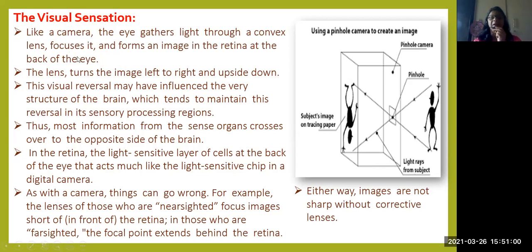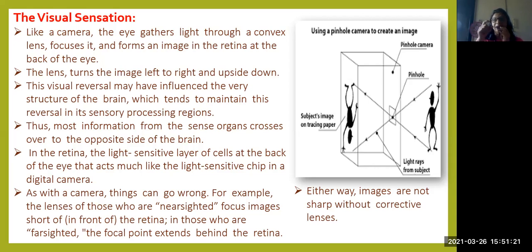So like a camera, the eye gathers light through a convex lens. You have seen the structure of the eye, isn't it? There is a lens in the eye. First, the light rays enter through the cornea, the outer layer, and then to the lens.